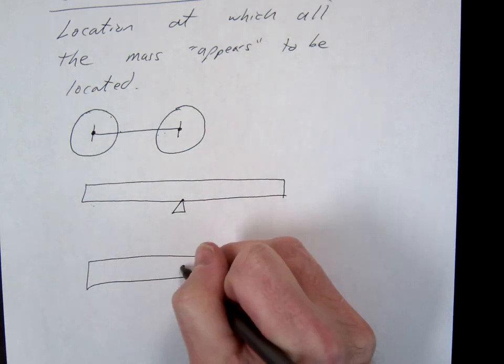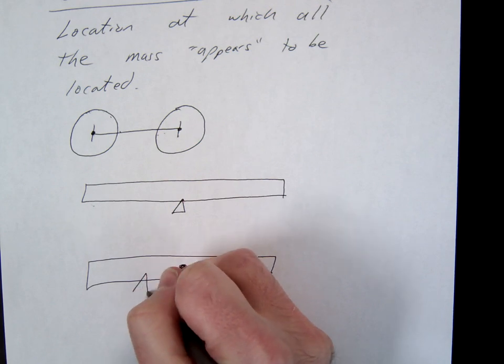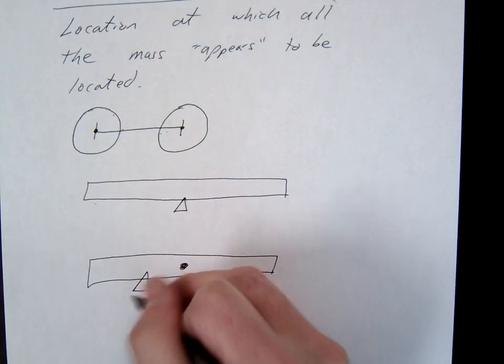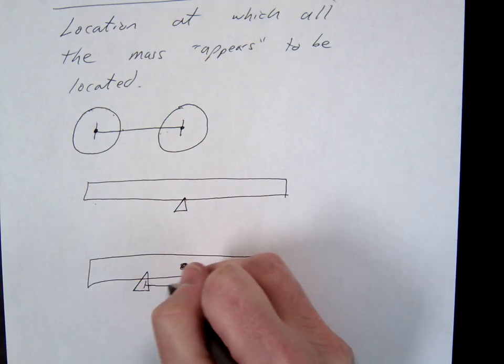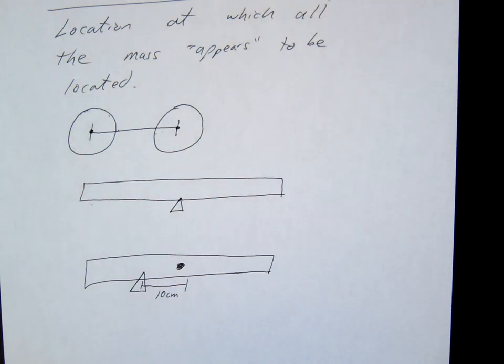If the center of mass is right here, if I now move this fulcrum over here, let's say some distance, I'll just say 10 centimeters. So there's more mass on this side producing a torque here. There's more mass this way pushing a torque here, less mass pushing a torque here. The net torque obviously is going to go to the right.